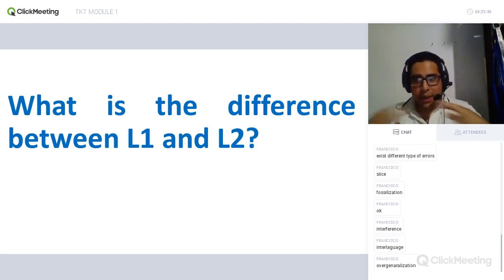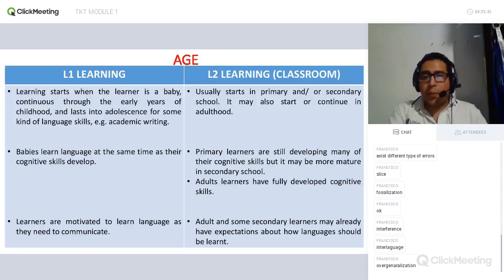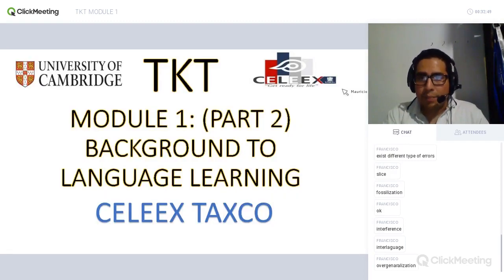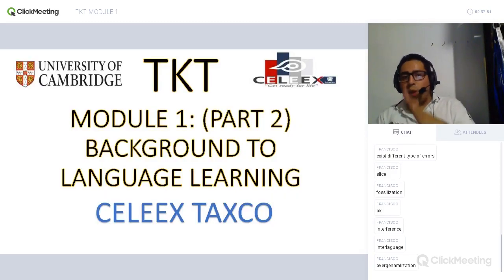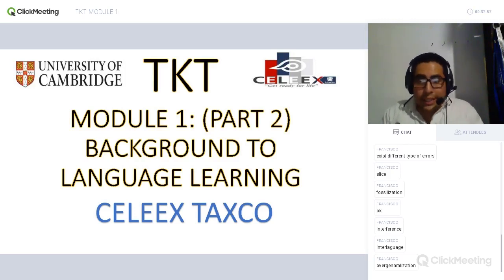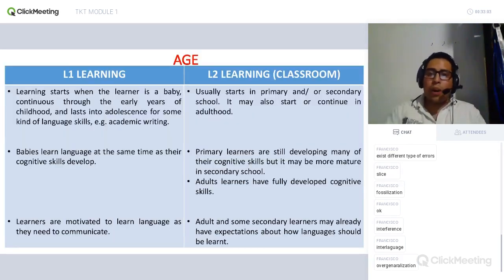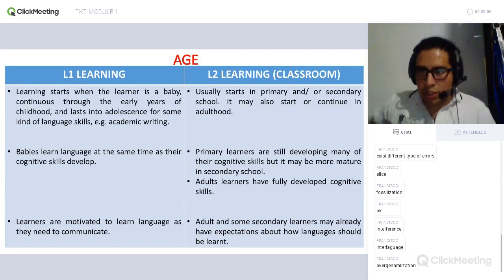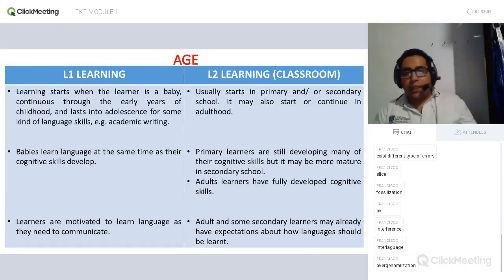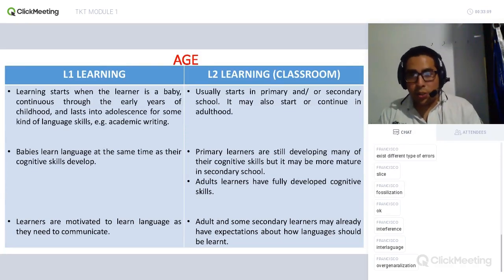Okay, we know that there are many differences, but we were talking about learning. Remember that in this second part, module 1 part 2, we're talking about background to learning. So in this case we're going to focus on learning, what learning is and so on. How we learn our mother language, our L1, is totally different from how we learn the L2.